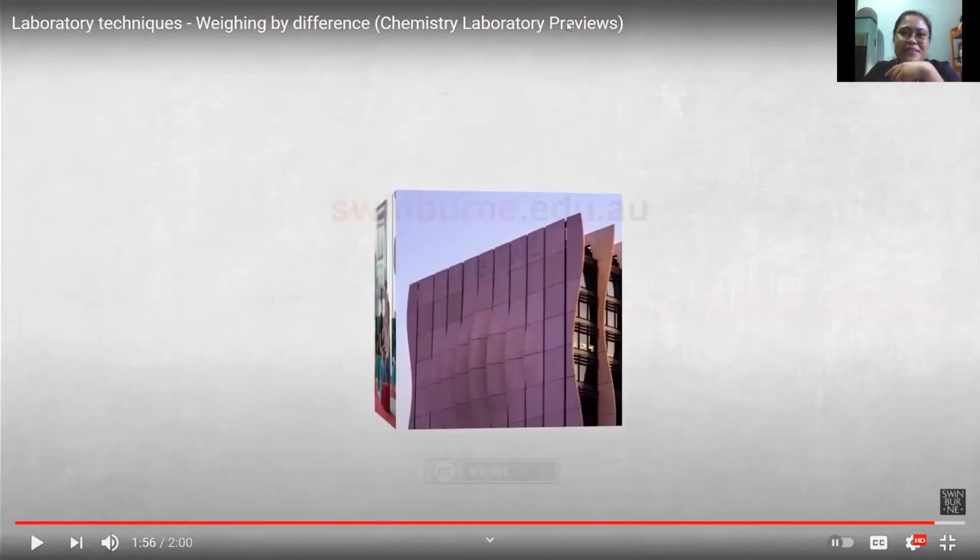Okay. So that's weighing by difference. It's the opposite of weighing by addition, no? In weighing by difference, class, you first put your sample into the weighing bottle or any container we can use, using the top load balance again as an approximation of your desired mass.